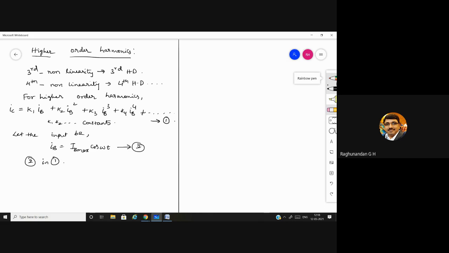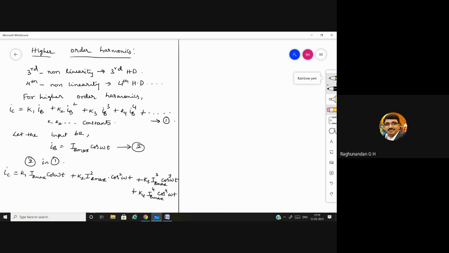When you substitute equation 2 in 1, we get IC is equal to K1 IB max cos omega t plus K2 IB max square into cos square omega t plus K3 IB max cube into cos cube omega t plus K4 IB max to the power of 4 cos to the power of 4 omega t.